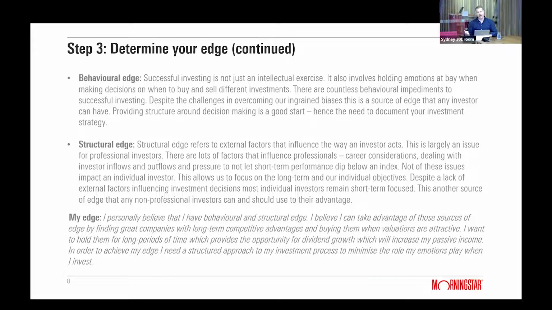I think you can do that through education and really understanding all of these biases that are out there that are impacting our ability to make rational and good decisions. This is a source of edge that you can have over other investors. And a lot of it really starts with this: documenting your goals, your investment approach.